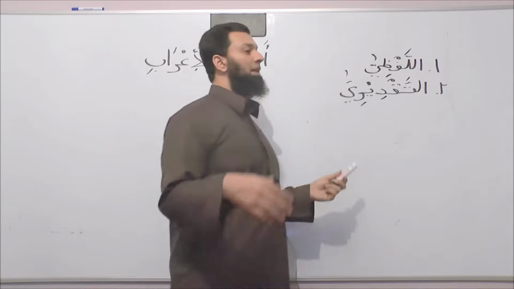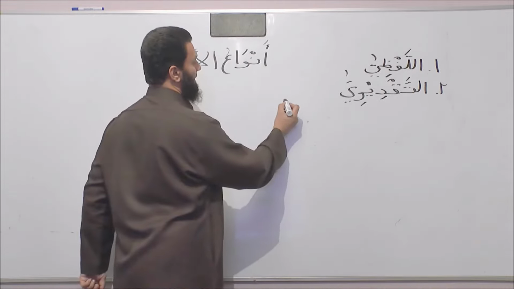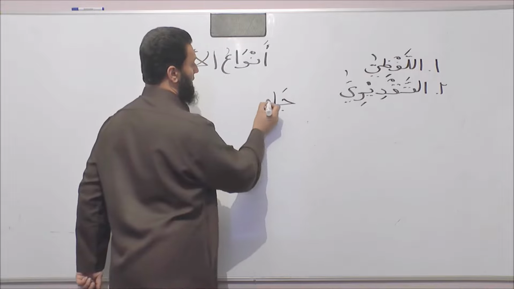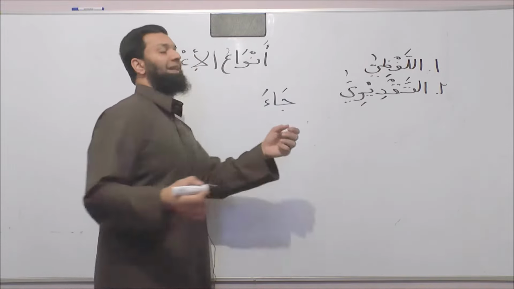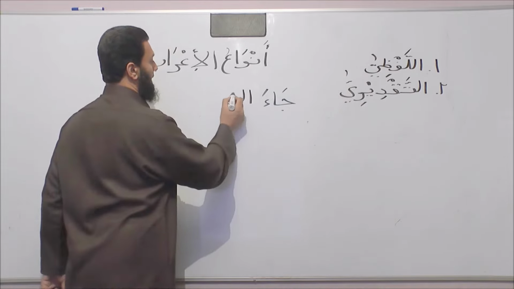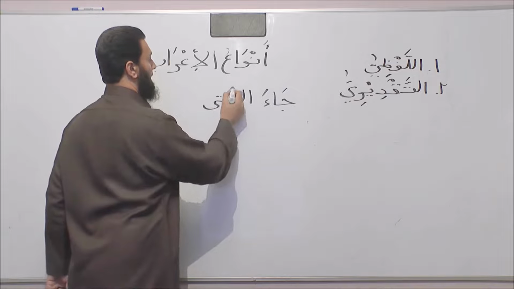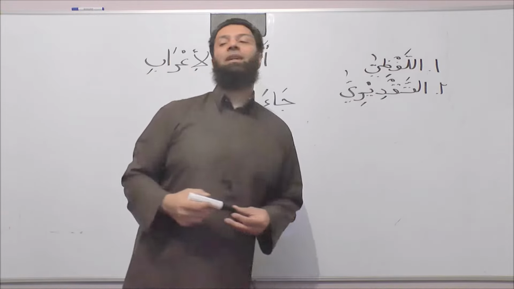What do we mean by assumed to be there? If we use the example that we just wrote, ja'a. Rather than saying ja'a zaydun, we want to say ja'a al-fata.